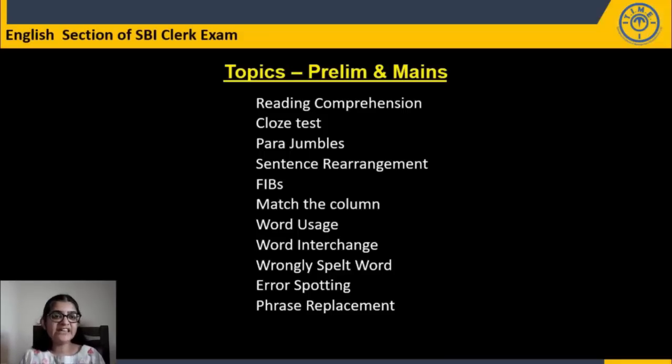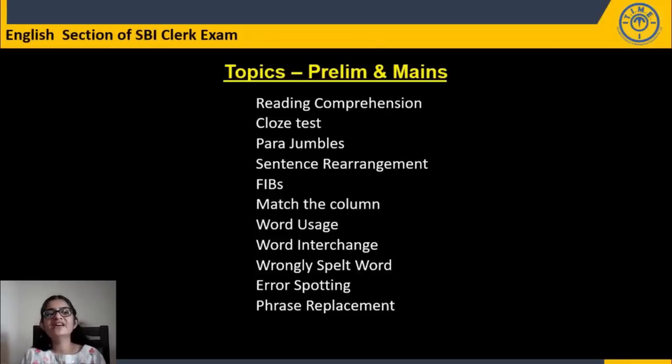There are slight variations. However, the gamut of topics that appear in the exam is more or less the same. Okay, there are slight differences in presentation of questions every year, but the broad types of questions that appear are more or less the same.